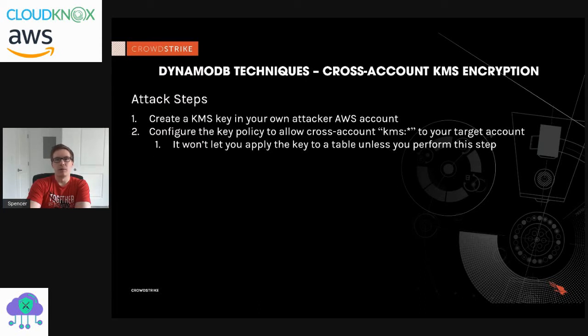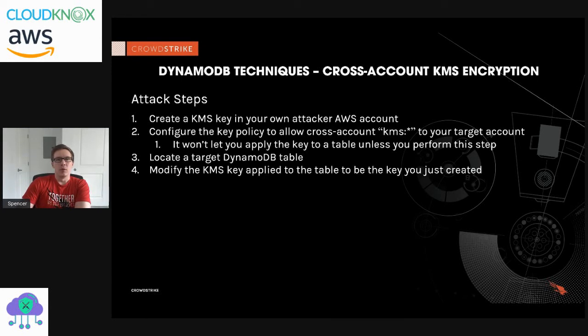It's not going to let us apply the key to our target table unless you perform this step, because there are a few different permissions required to successfully apply the key to a table. Then you locate your target table. You modify the table and change the KMS key that's applied to it to be the key that you just created. It takes a minute to update, so you wait for it to finish updating.